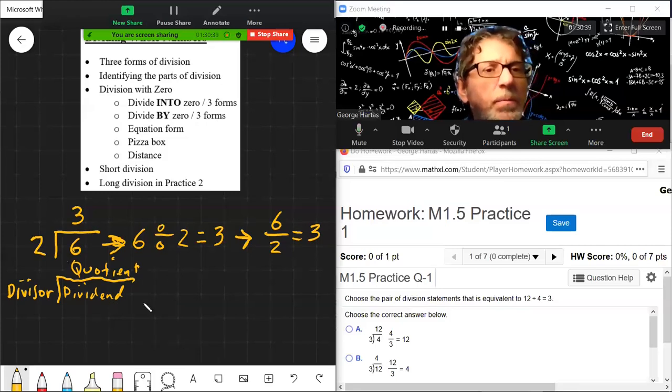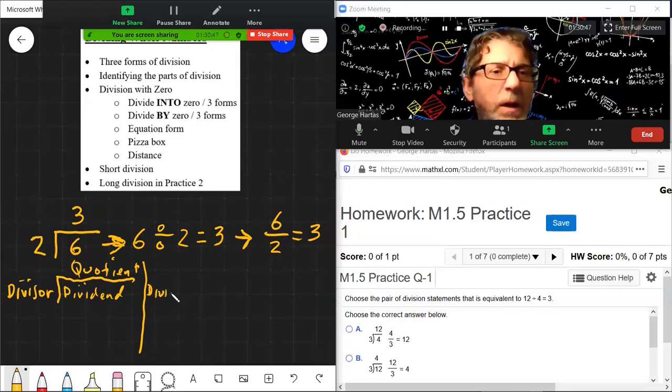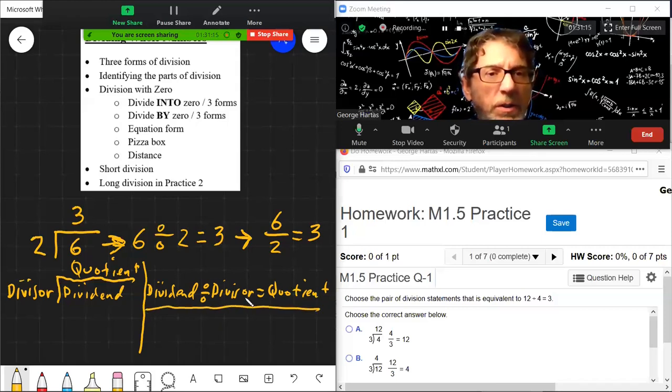Now for this setup, it's going to look like this. This is now going to be the dividend. Then you have the division symbol, and this is the divisor. Equals the answer or the quotient. So this belongs to that format.